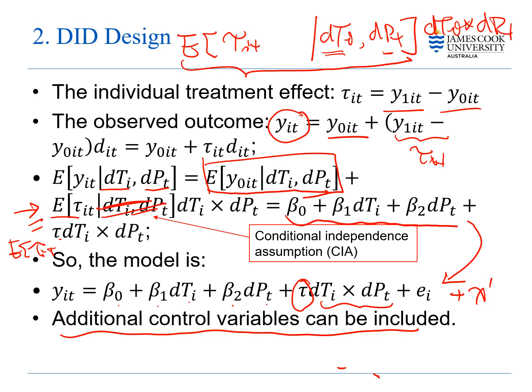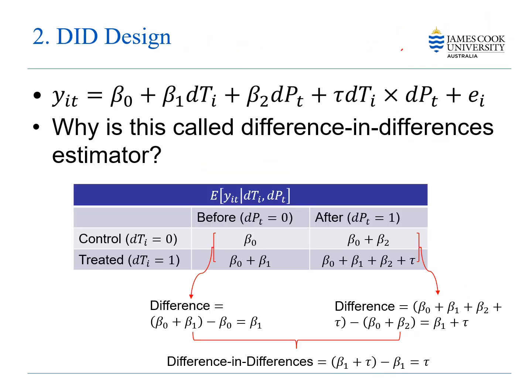So x could be a vector of other control variables. Okay, so now we have this model, and this is called the difference-in-differences design.